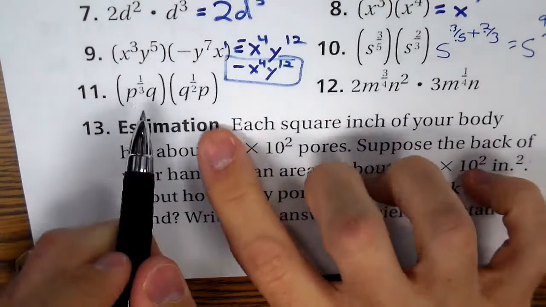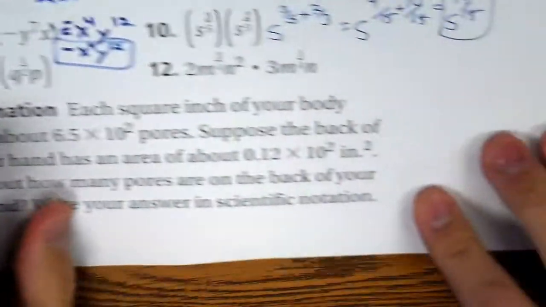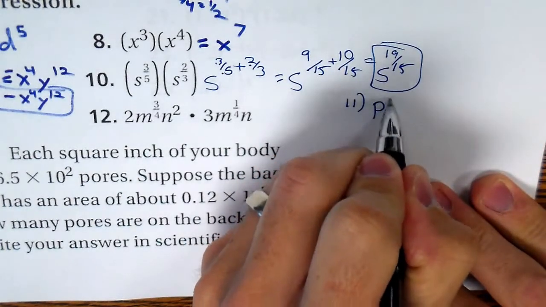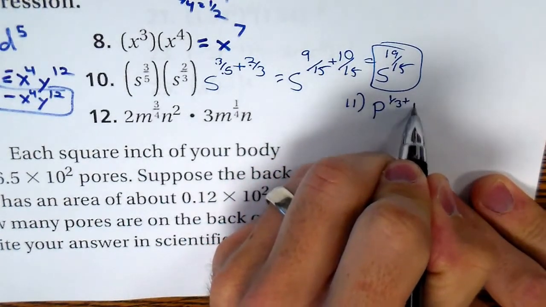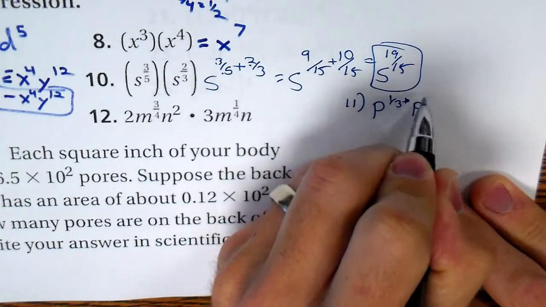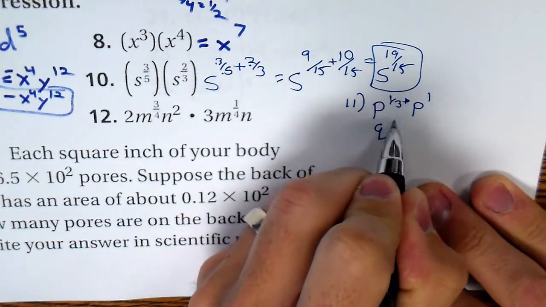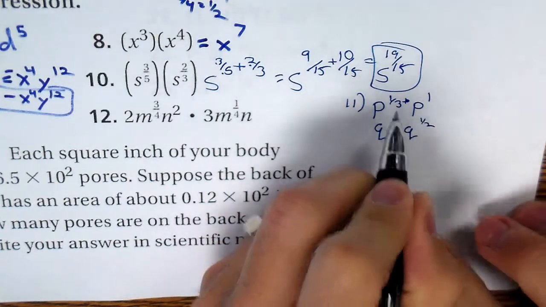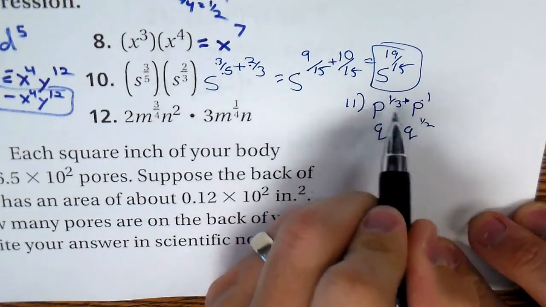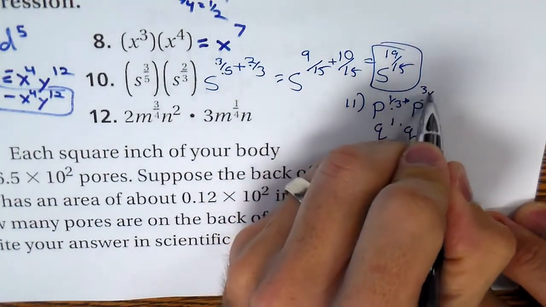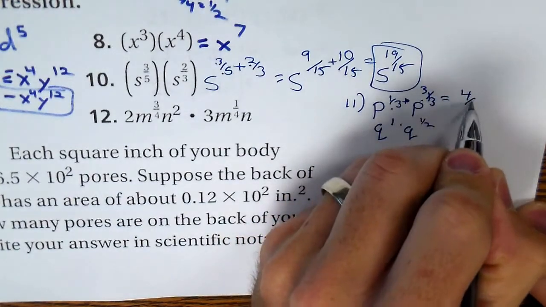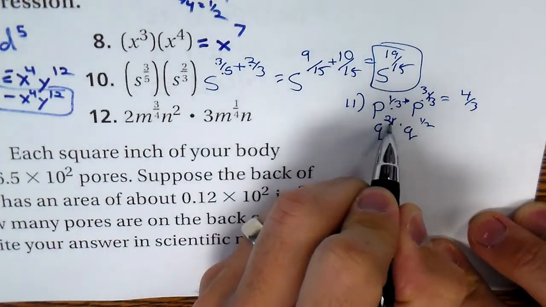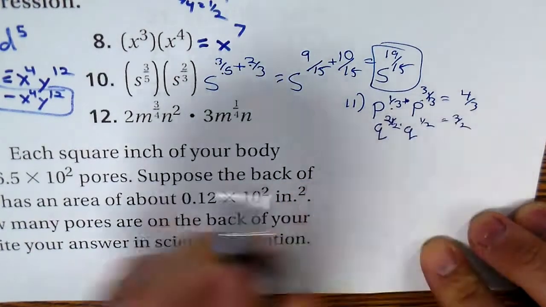For number 11, I have p to the 1/3 times p to the 1st, and q to the 1st times q to the 1/2. Well, if I'm looking at 1 plus 1/3, I can just make this 3/3, and I have 4/3. And then q to the 1st would just be 2/2, so that gives me 3/2.